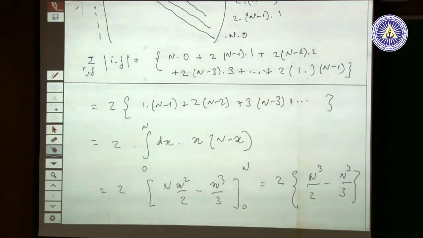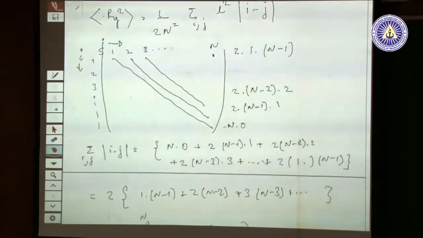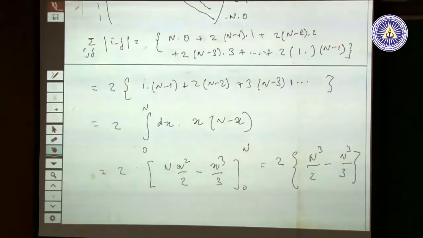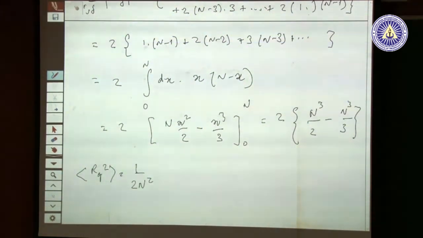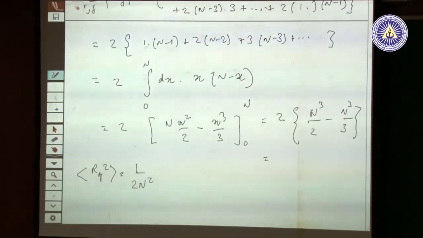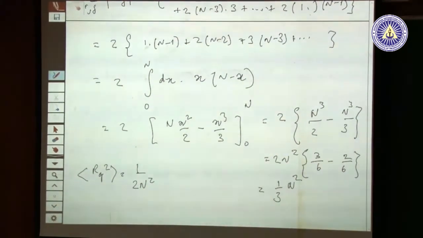Okay. So there was a prefactor for our Rg squared. It was 1 over 2 n squared. And so this now has a common n cubed, 1 over 2, so that is 3 over 6 minus 2 over 6, that is 1/6.